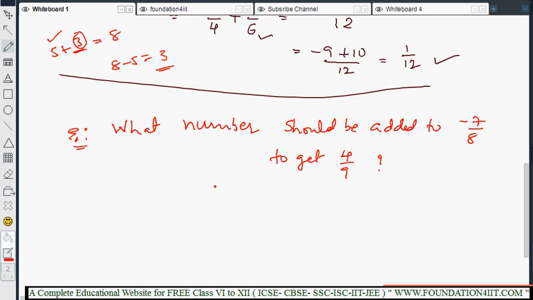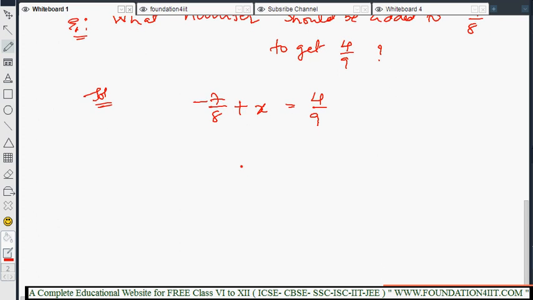What number we should add means take some x. So the required number is x. Then the solution is minus 7 by 8 plus x equals 4 by 9. We need to simplify this and find the x value finally.